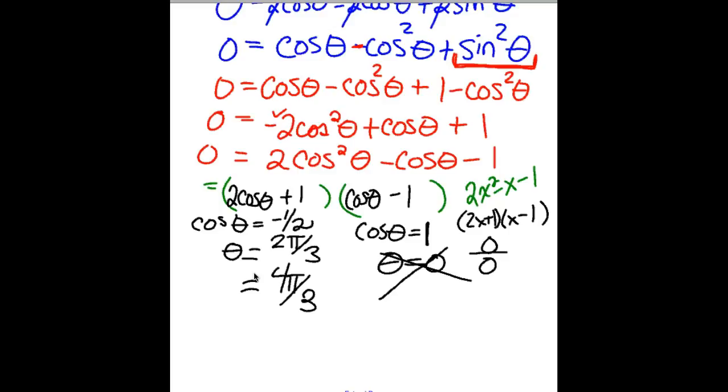So if you were to finish this one off, you would then have to give the points. So you would have to write these in terms of r and theta. So you'd have to take your 2 pi thirds and your 4 pi thirds, and plug them back into your original r to determine the coordinates. And I have so much screen here, I don't even know where the original r went.